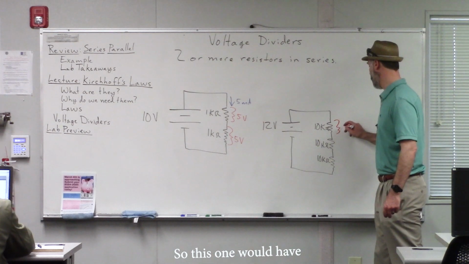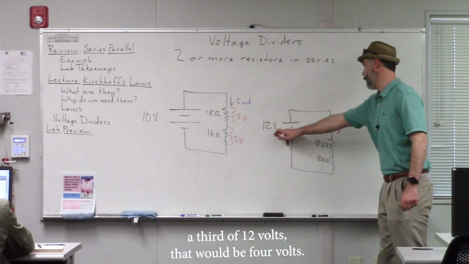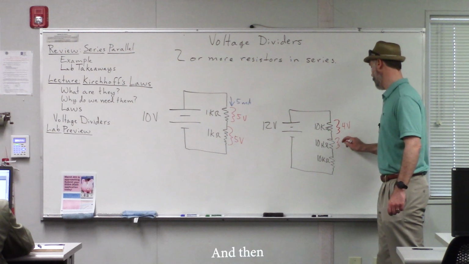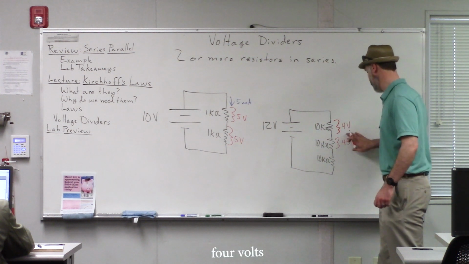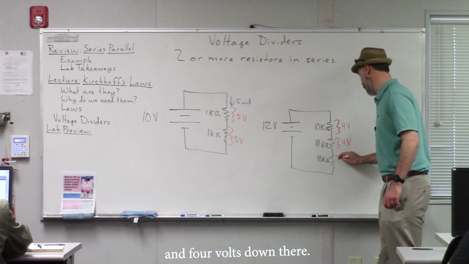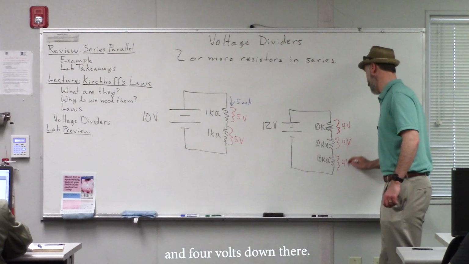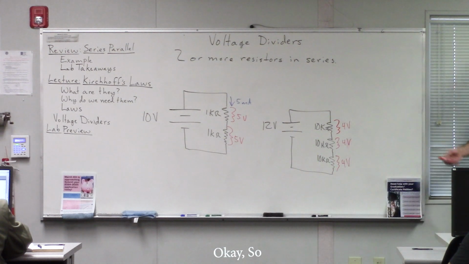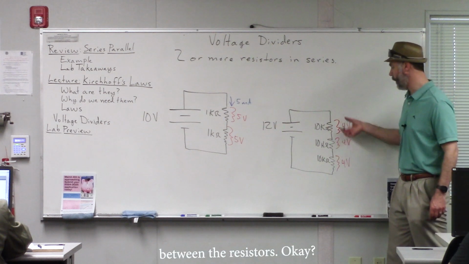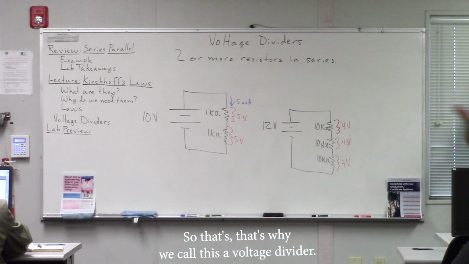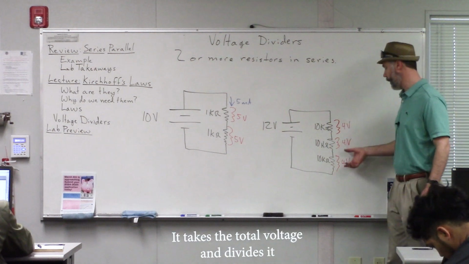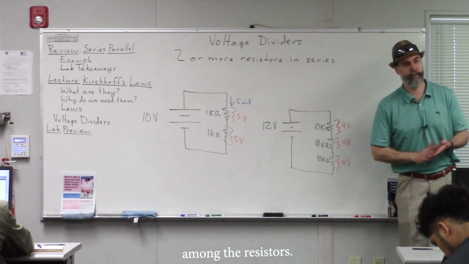So this one would have 1/3 of 12 volts. So that would be 4 volts. And then 4 volts. And 4 volts down there. Okay? So we take the total voltage and we divide it between the resistors. Okay? So that's why we call this a voltage divider. It takes the total voltage and divides it among the resistors.